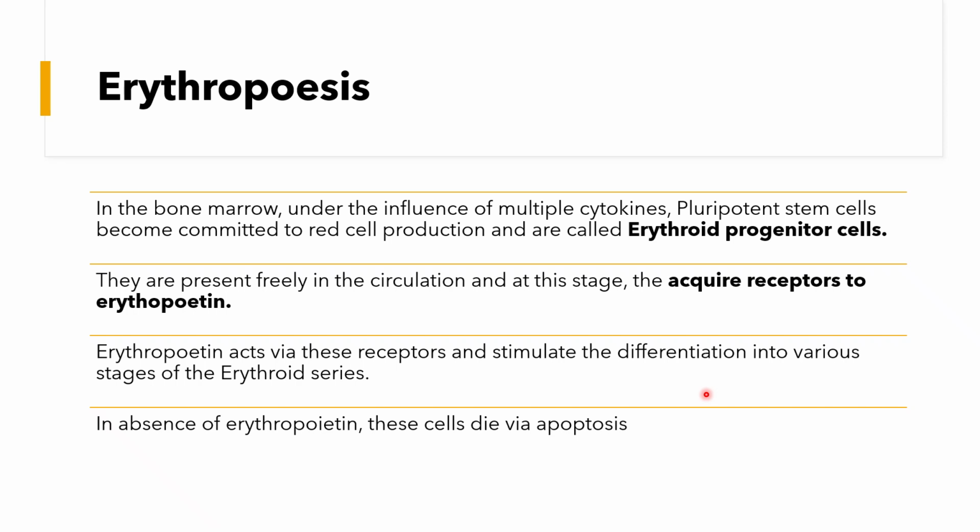We'll elaborate the multiple stages further in the presentation. But what happens to these progenitor cells if erythropoietin is absent? These cells automatically undergo apoptosis, that is programmed cell death. So erythropoietin acts on the erythropoietin receptors present on erythroid progenitor cells that are freely present in the circulation.